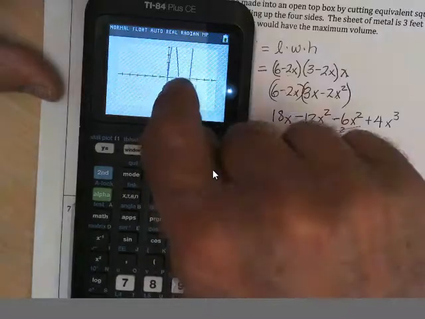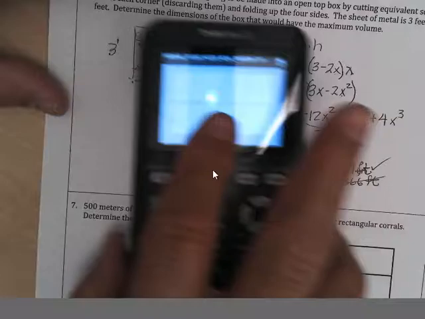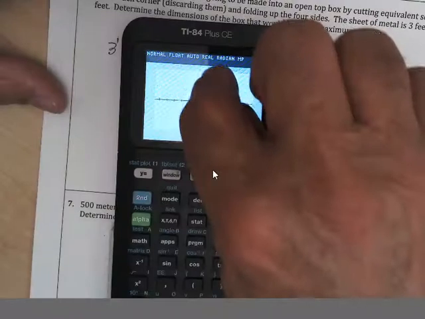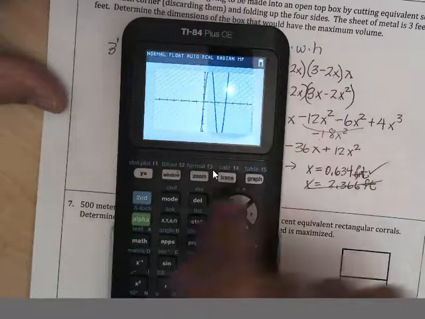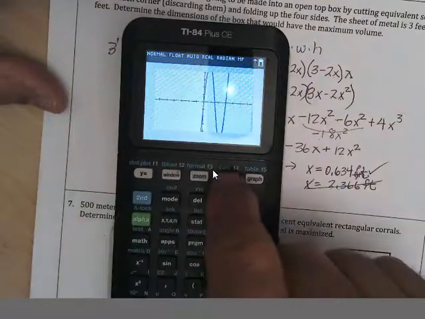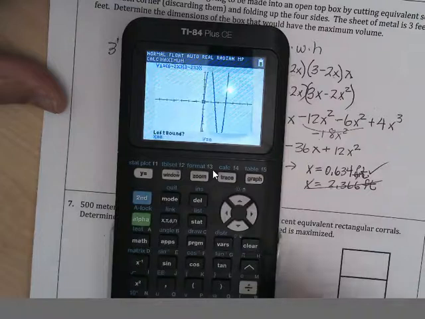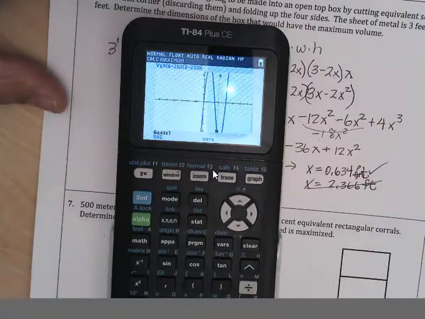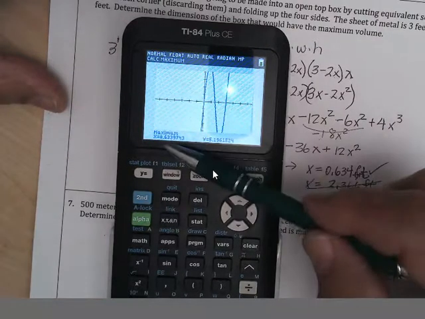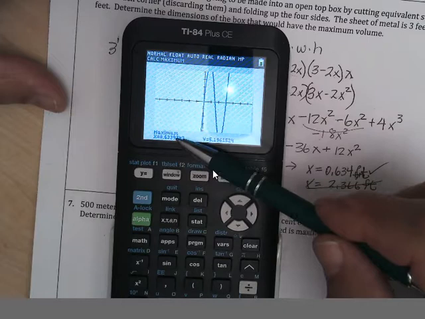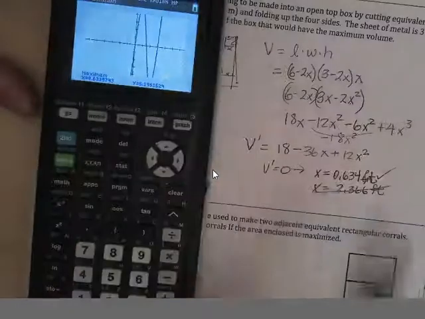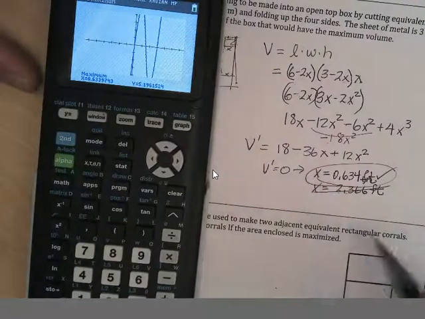The most you could do is 1.5, because that's half of 3, and the max is going to be up there at some value, so we're going to go second, calculate, maximum, between 0, enter, and 2, enter, and I'm going to guess at 1, enter, and it says no, it's at 0.6339, which is basically what we had.